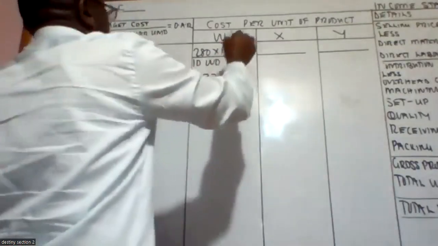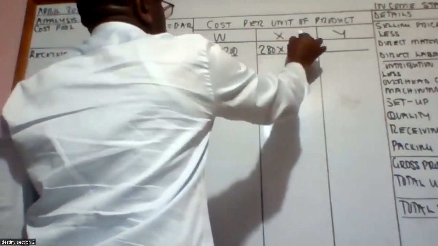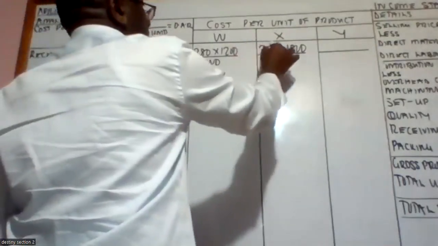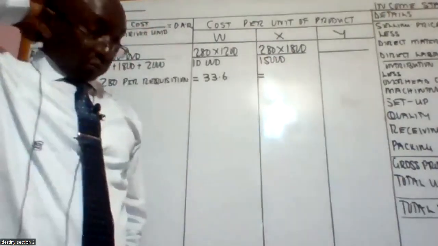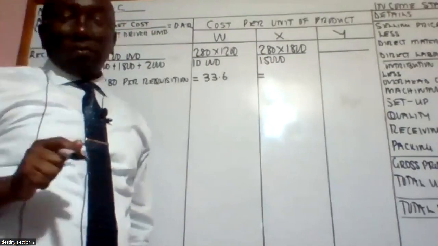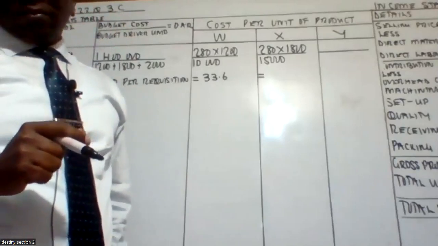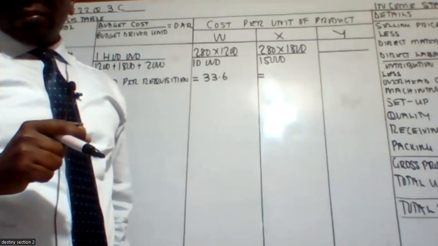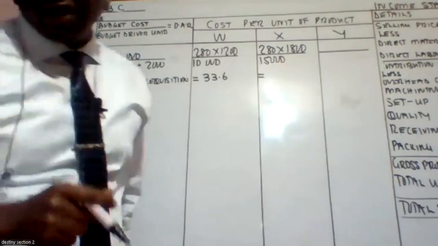Now this other one, 280 times 1,800. You divide by the number of units, which are 15,000. This one? Oh, the same.